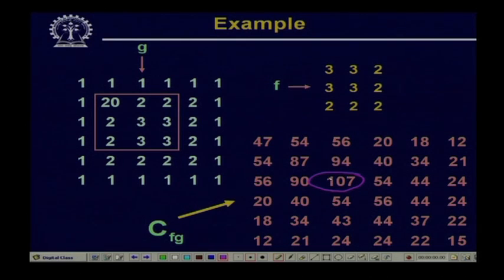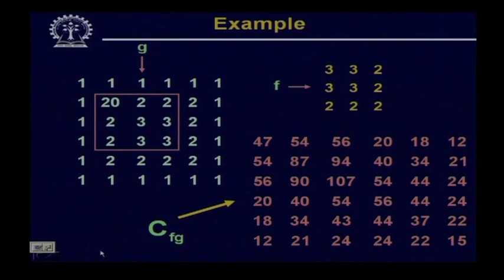Because of this, it gives a false match: it appears that the template is matching best in this particular location, as shown by this red rectangle. But that is not the case, because by checking visually, we can see that the template is the best match in this location. So, that is why we said that the cross correlation measure directly cannot be used as a similarity measure.